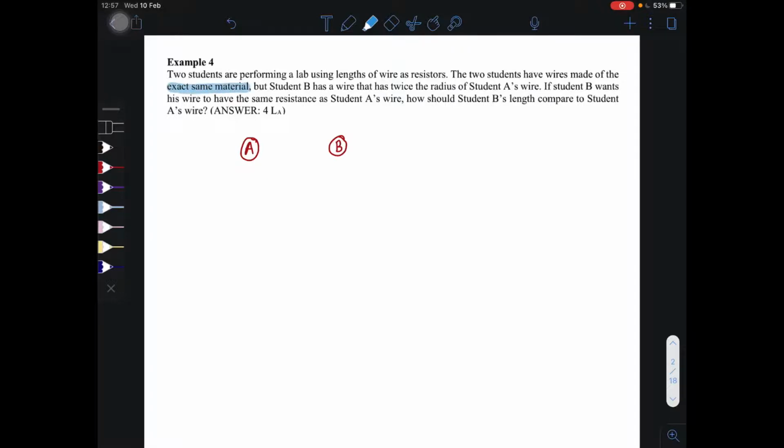So same material meaning that the resistivity is the same, ρA and ρB will be the same. And then it says student B has a wire that has twice the radius of student A's wire. So the radius for student B is 2 times that of student A, meaning 2R for student B and just R for student A.